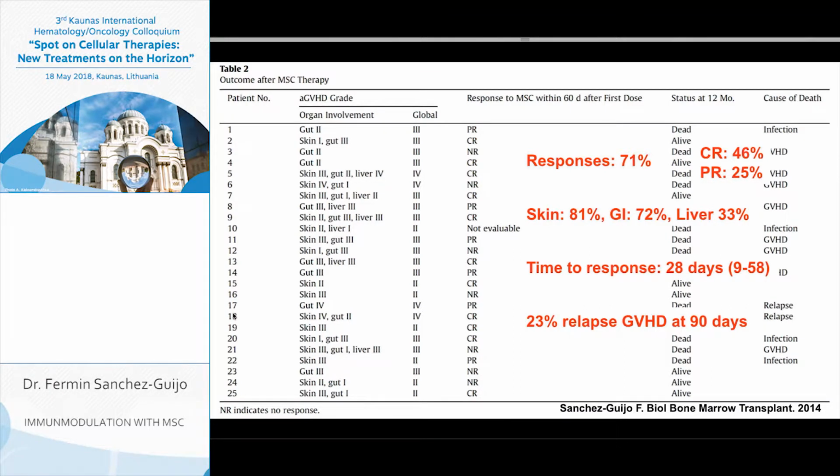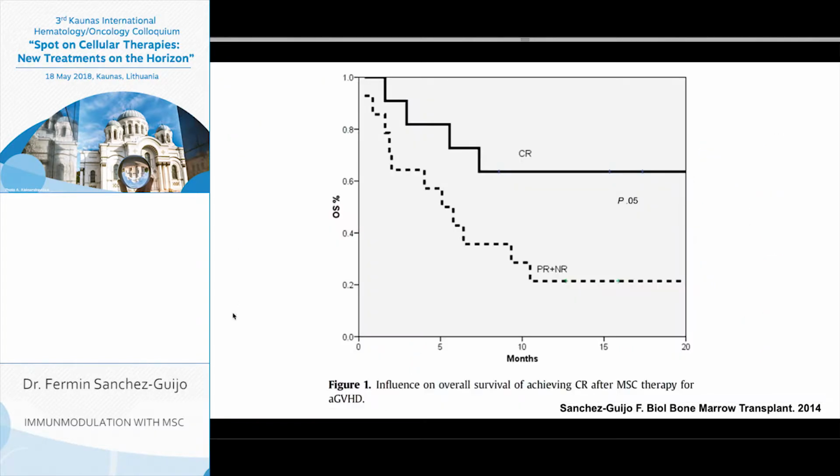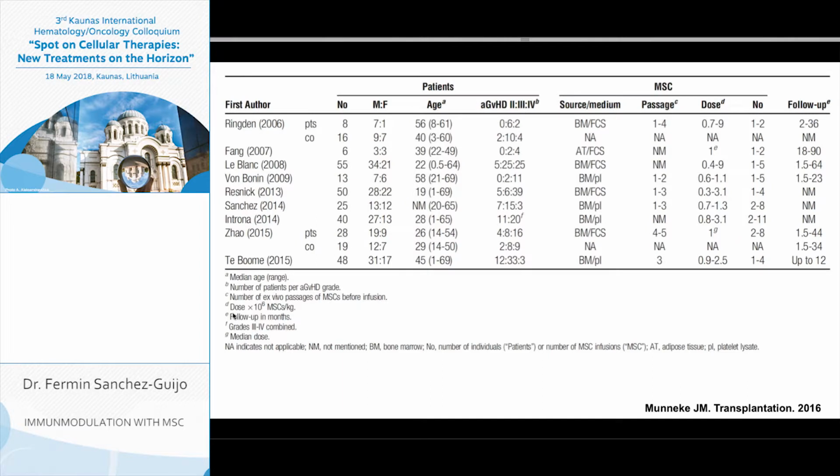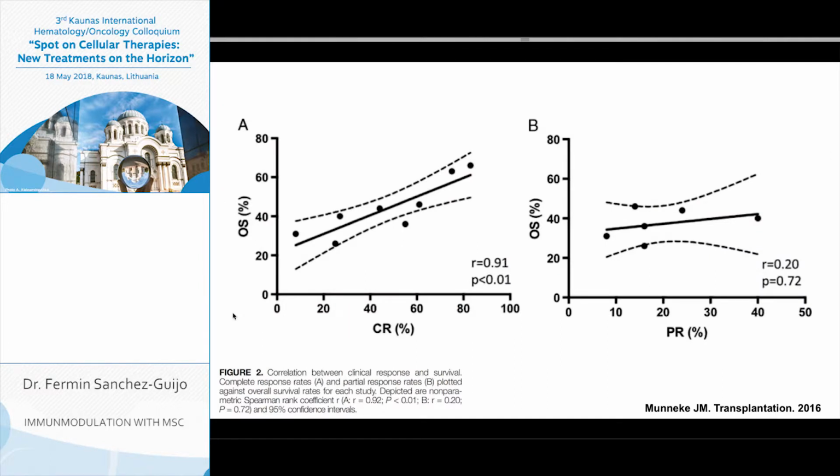So if you consider all these phase 2 trials and pool them together, they have the same results that you can see in these slides. Those patients that achieve a complete response get a benefit in overall survival, whereas those patients that have a partial response or no response do not have this benefit in terms of survival. The key is to be able to predict which patients are going to respond.